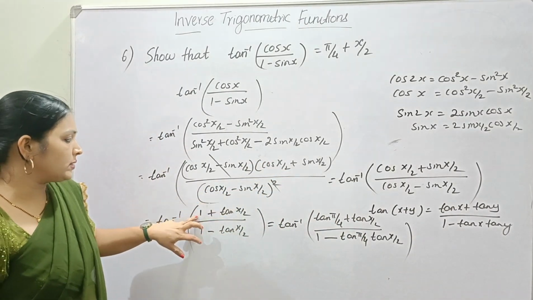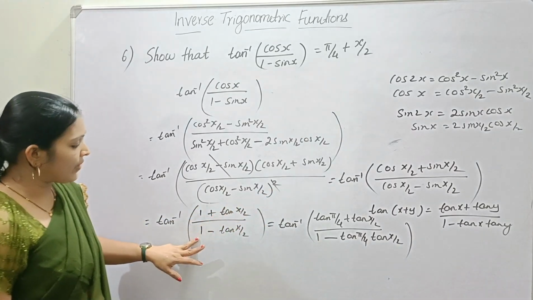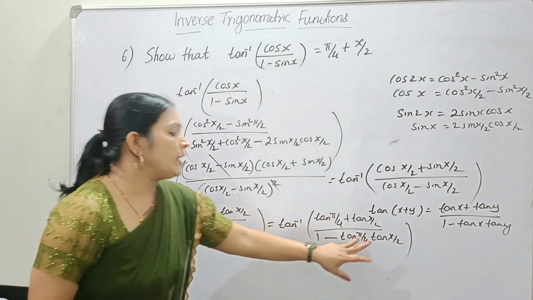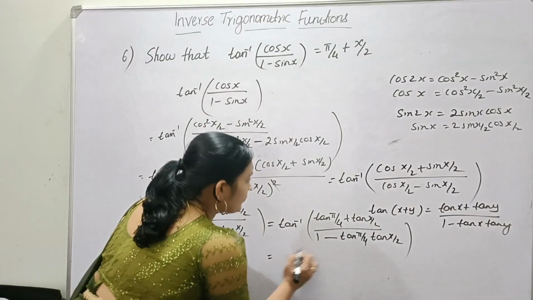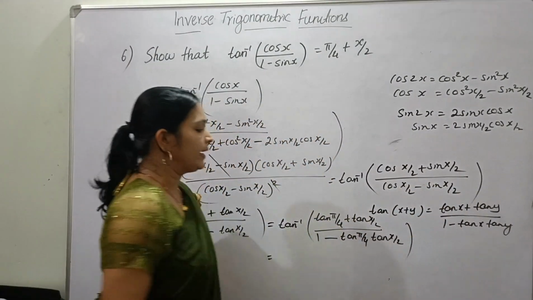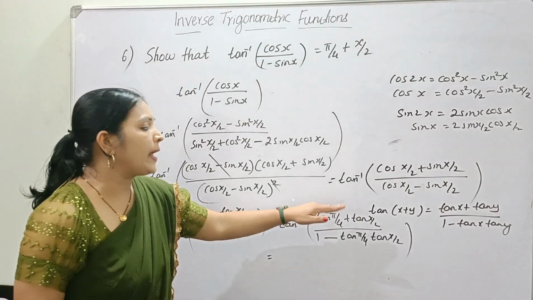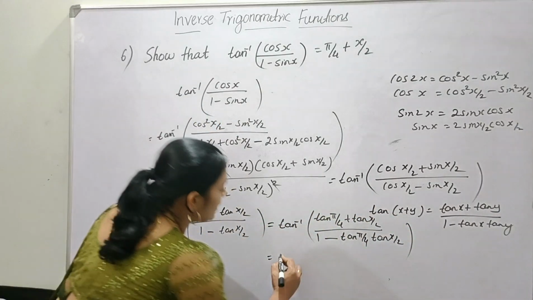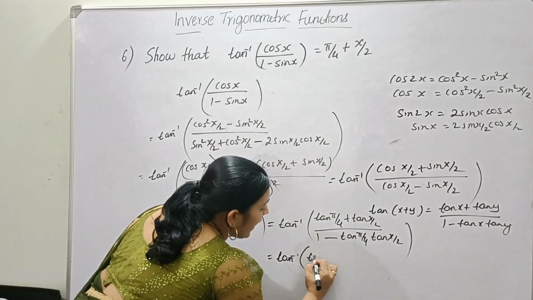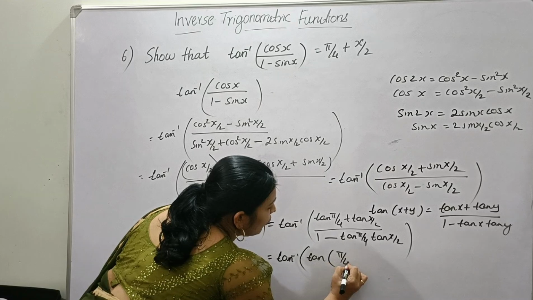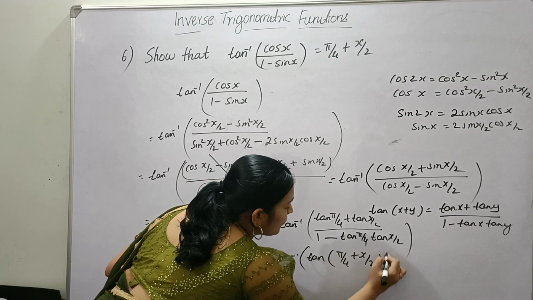Tan pi by 4 is 1, plus tan x by 2 divided by 1 minus 1 into tan x by 2, that is tan x by 2. Now it is of the form of this formula, right? So here we can apply this formula, that is nothing but tan inverse of tan of pi by 4 plus x by 2.